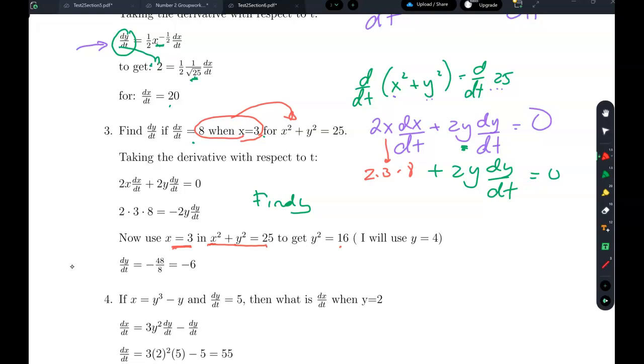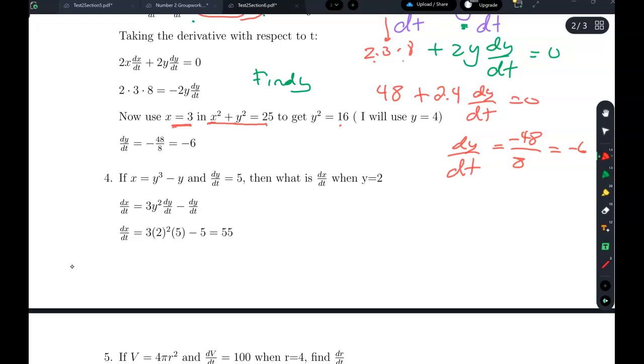Oh, joy! And we'll be making them distances. So this will give me 48 plus 2 times 4, right? dy over dt is 0. So I'll get dy over dt is a negative 48 divided by an 8, or a negative 6.